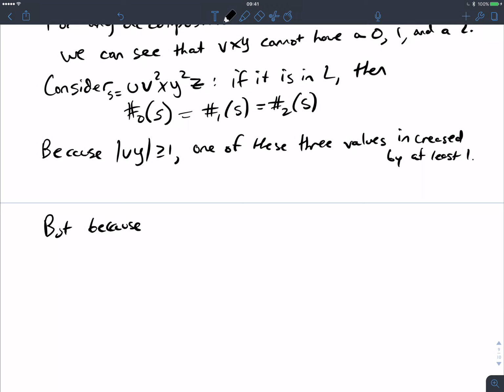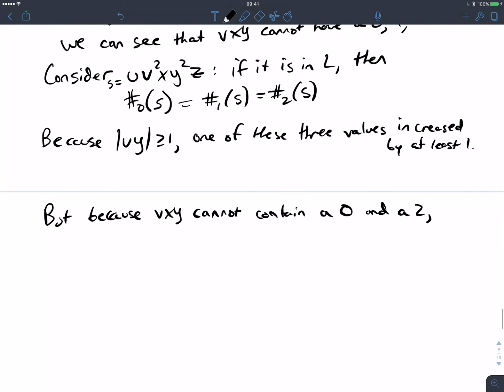Because VXY cannot contain a 0 and a 2 simultaneously, VXY only contains 1s.